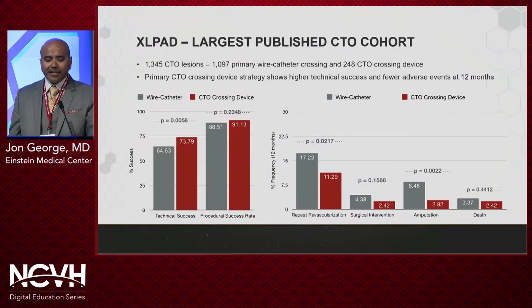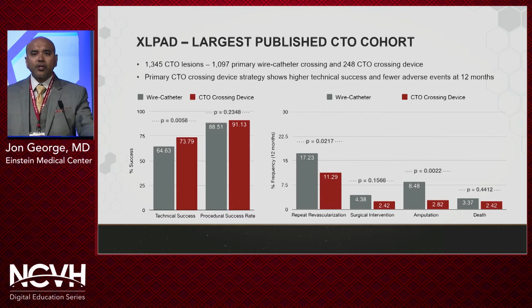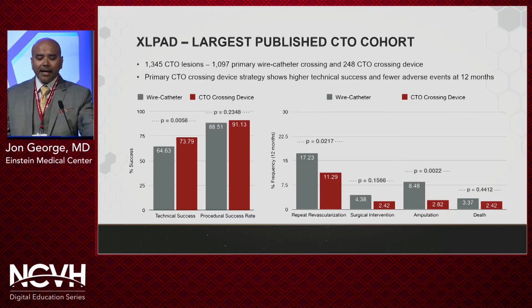Well, let's look at some of the data. The XLPAD is the largest published CTO cohort that we have of 1,345 CTO lesions. And they looked at, this is just a registry, and they had 1,097 primary wire catheter crossings and 248 CTOs that were crossed primarily with the CTO device.